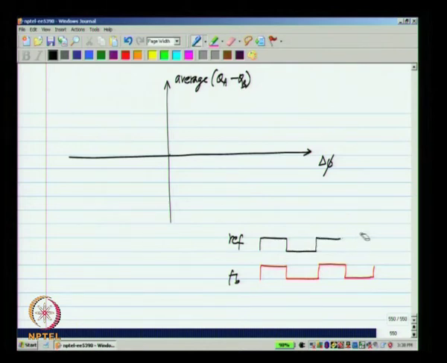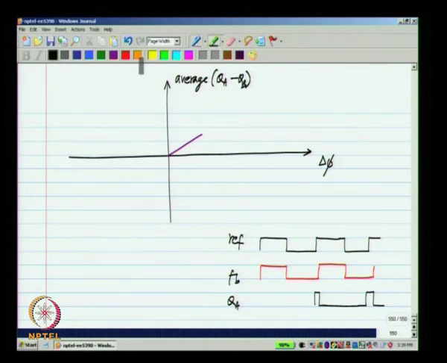That is, successive edges appear earlier and earlier. So, let us say this happens very slowly. What happens is essentially I am increasing the value of delta phi and trying to measure the average output. So, what will I get? Initially I will get pulses which are narrow, QA will be a narrow pulse, and then it will become wider and wider and so on. So, the average value of QA minus QB will go on increasing.